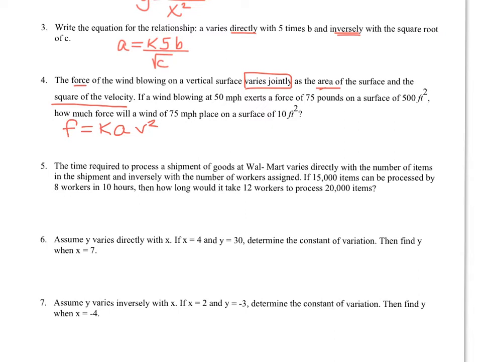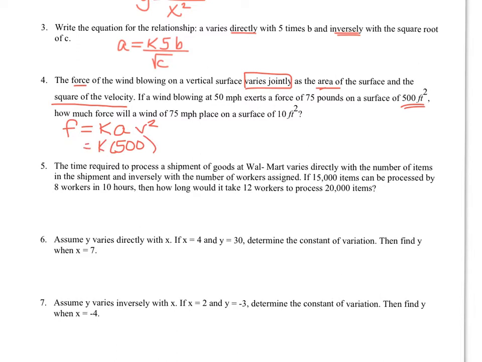It says if a wind is blowing 50 miles an hour and exerts a force of 75 pounds on a surface of 500 feet squared, I have to plug all that in. Area is units squared, so area is 500. Here's k.